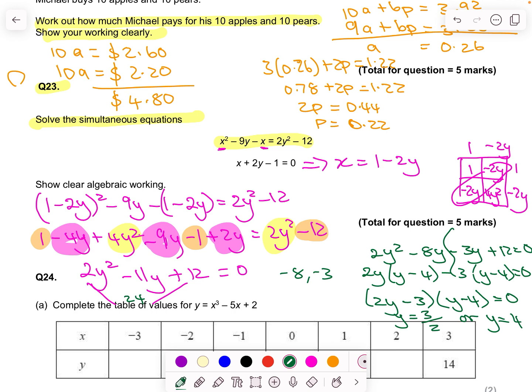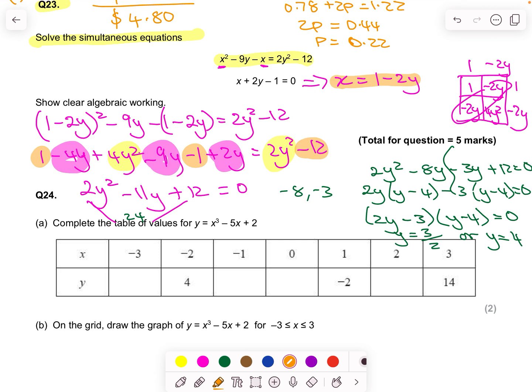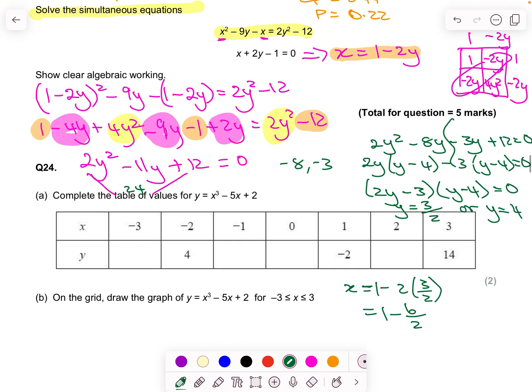But I'm not finished. I need to find my x now. So I'm going to go back into this one here, and I'll do it down here. So x equals 1, take away 2 times 3 over 2. So equals 1 take away 6 over 2, 1 minus 6 equals minus 4.